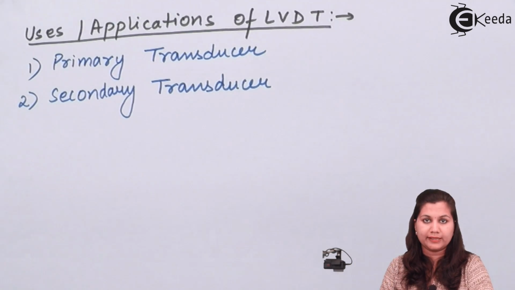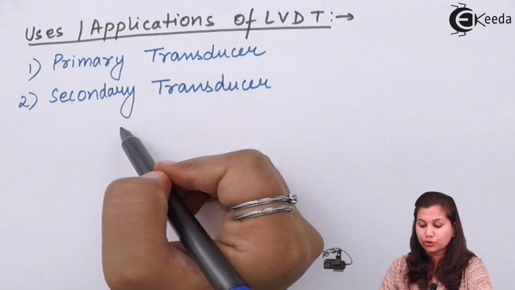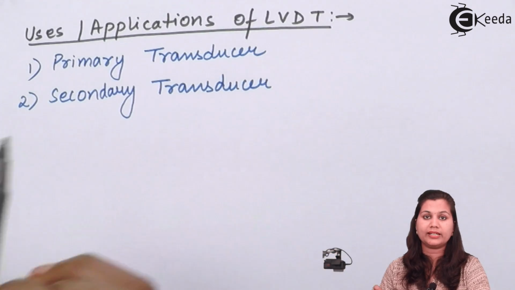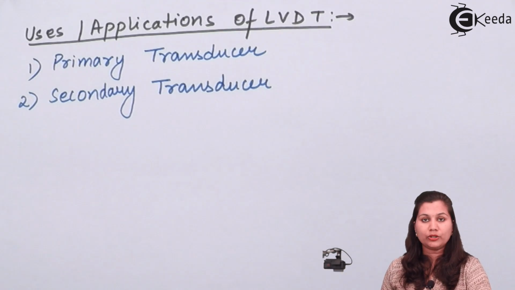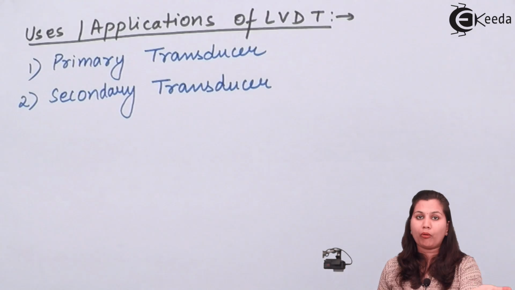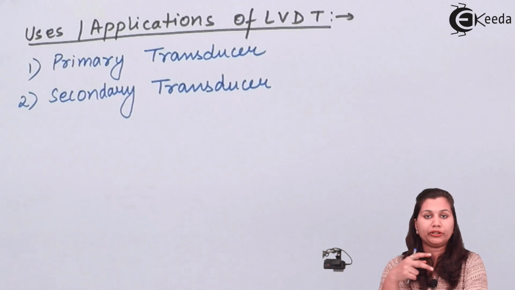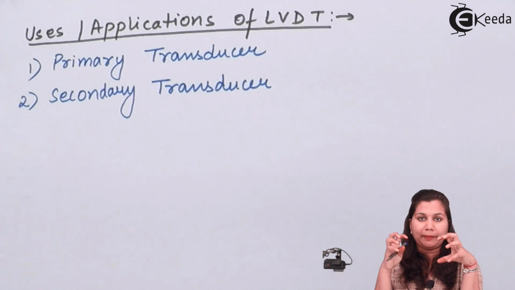So it can be used as a primary transducer wherever we have to measure displacement or convert it into electrical signals. Now, as a secondary transducer, it can also be used for the measurement of force, level, pressure. For example, we can use the LVDT with the Bourdon tube. In the Bourdon tube we apply the pressure.